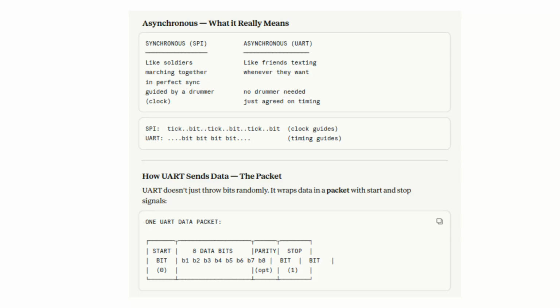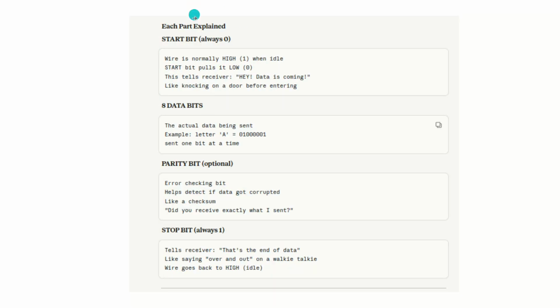Now if you see, the next thing we are going to understand is that we told you the data is transferred in packets.